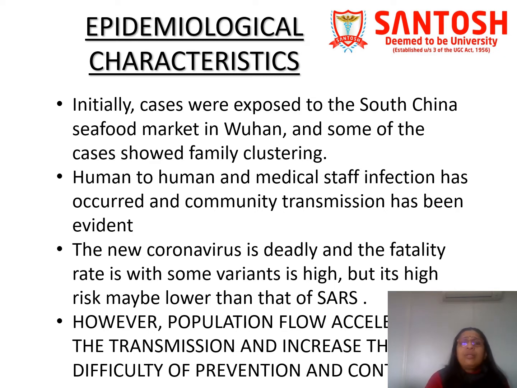But later on, human to human and medical staff infection also occurred, and it led to community transmission as well. We have seen community transmission during the first wave as well as the second wave in 2020 and 2021. So the new coronavirus is deadly, and the fatality rate is high with some variants, but its risk may be lower than that of SARS.